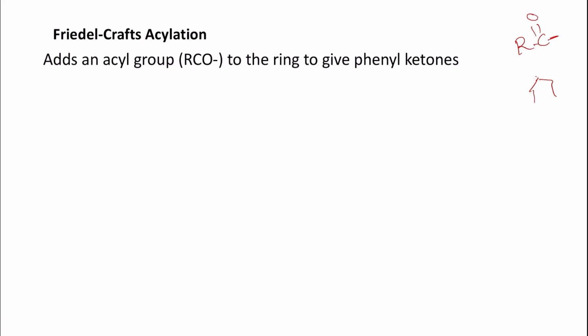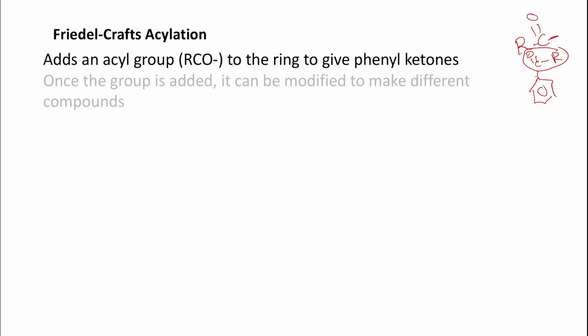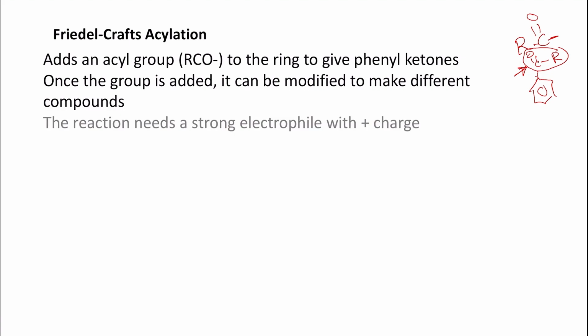The end product of this reaction is a phenyl ketone, where you have this acyl group added and you end up with a ketone with a phenyl ring, or a benzene ring. Once the group is added, it can then be modified by other reactions to make different compounds, because the benzene ring itself is highly stable, so it doesn't undergo many different reactions.